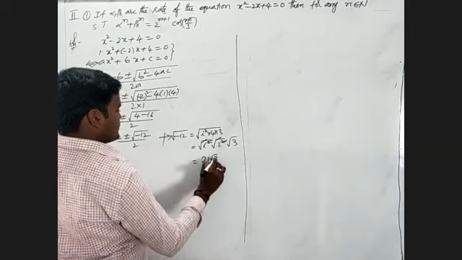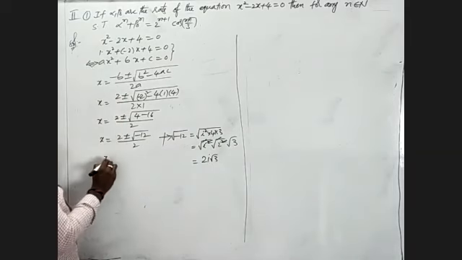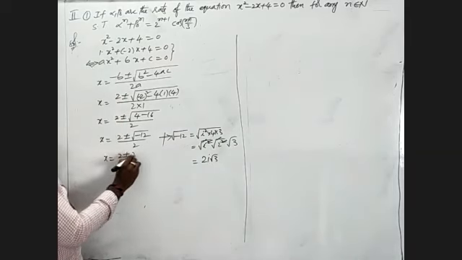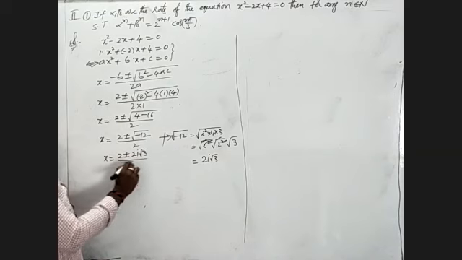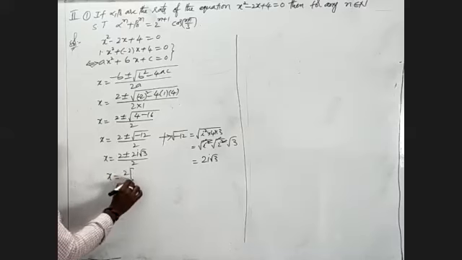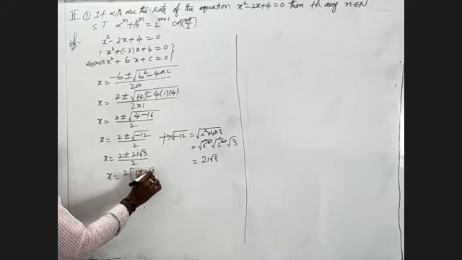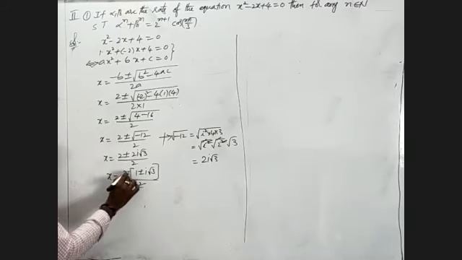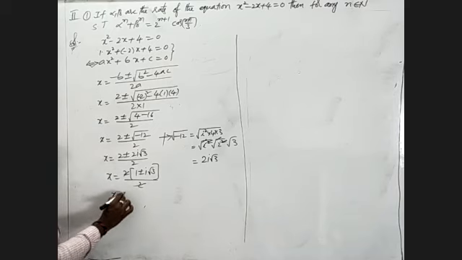So x is equal to 2 plus or minus 2i root 3 by 2. 2 is common, remaining is 1 plus or minus i root 3 by 2, where 2 and 2 will be cancelled. So x is equal to 1 plus or minus i root 3.